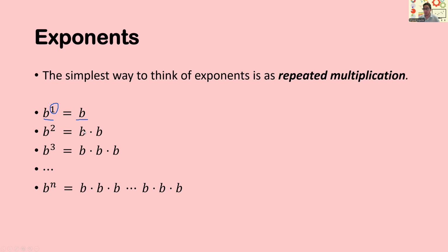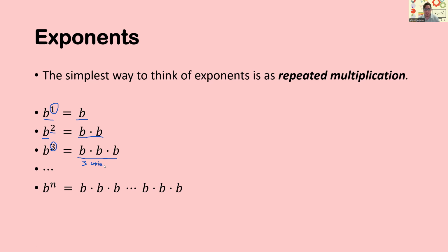That's multiplied by itself. Well, it's only one thing, so no multiplication is really happening. But if I have b squared, or b to the 2nd power, then I should have 2 copies of b, right? If I have b to the 3rd power, then I should have 3 copies.